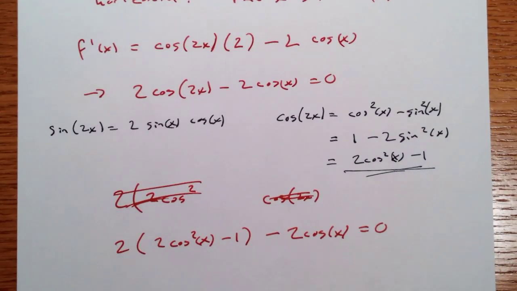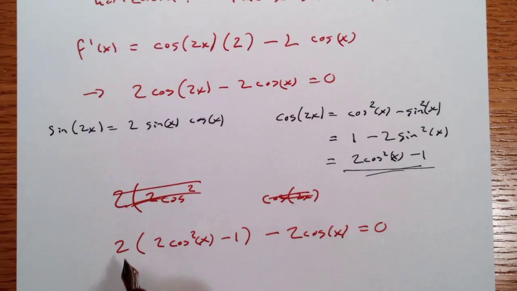There we go. Now it's all in cosine of x. I think I'm going to divide everything by 2. If I divide by 2, I get 2 cosine squared x minus 1 minus cosine x equals 0.